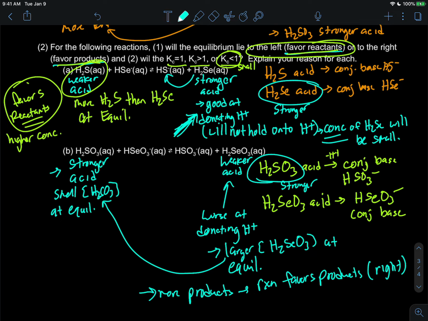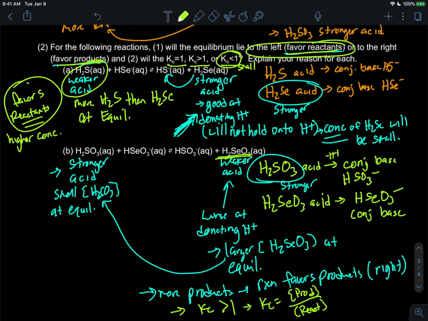And when we say favors, that means they have higher concentrations at equilibrium. And because we're going to have more products at equilibrium, we're going to have higher concentrations of our products. That tells us that we're going to have a Kc value that is greater than 1. And again, reminding us our Kc expression is the concentration of our products divided by the concentration of our reactants at equilibrium.